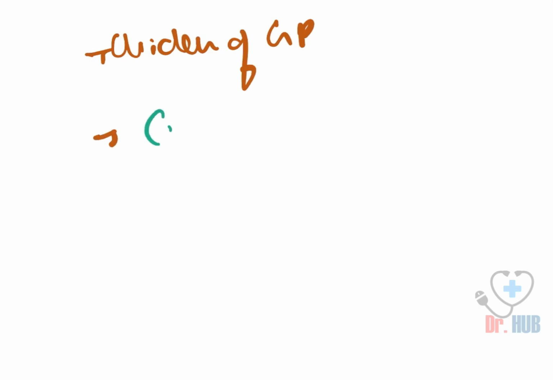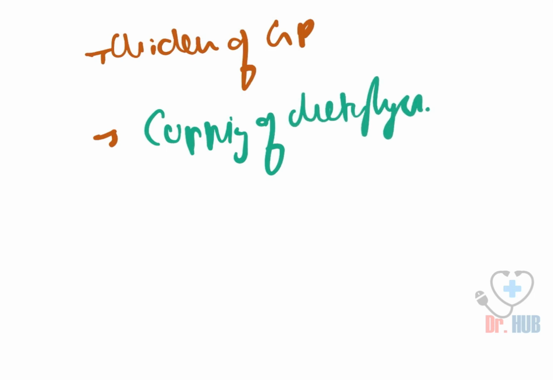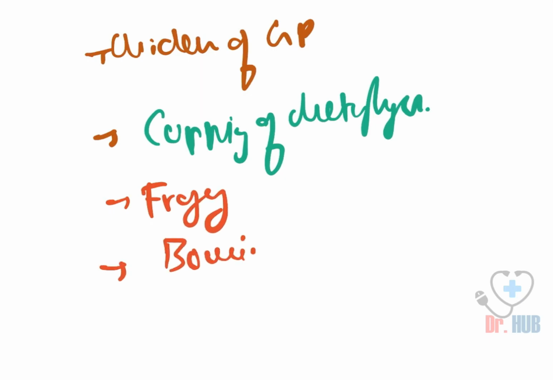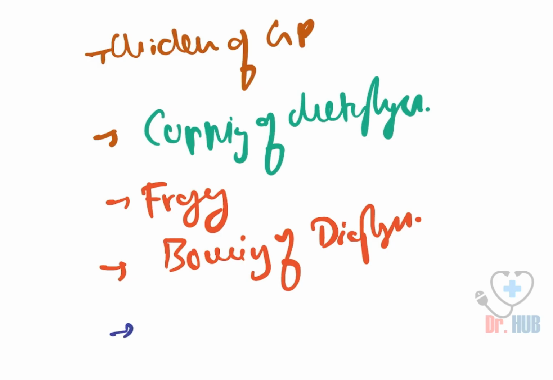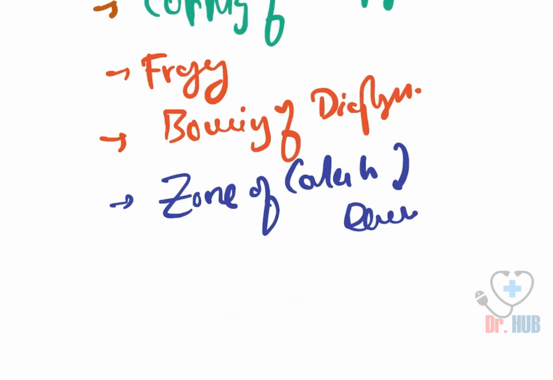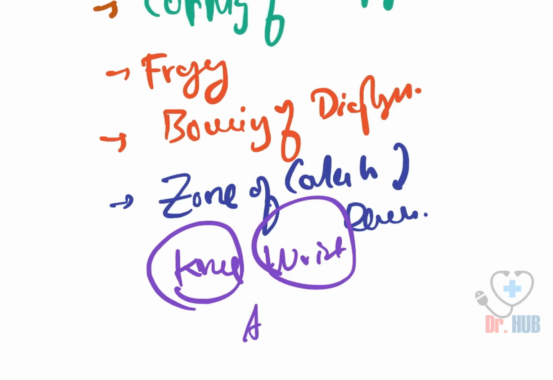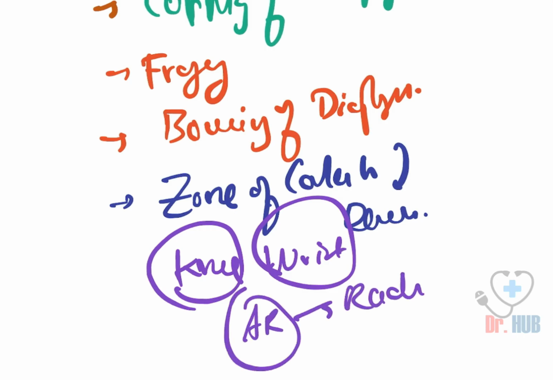And later, there is also the cupping of the metaphysis. Then there is fraying. Next, there is also the bowing of the diaphysis. Lastly, healing rickets, where the zone of calcification becomes denser. And we also saw some of the prominent zones: the knee, that is the distal femur and proximal tibia, the wrist, especially the ulna, as well as the anterior ribs forming the rachitic rosary.